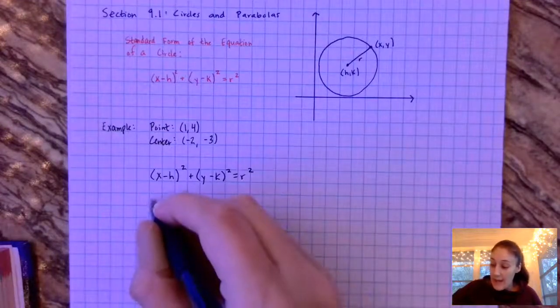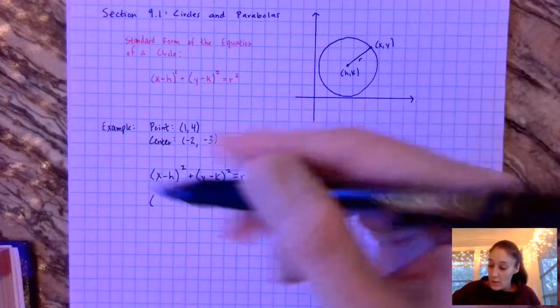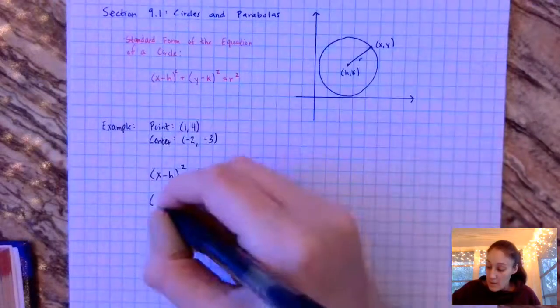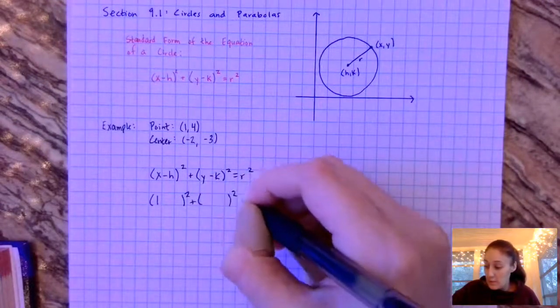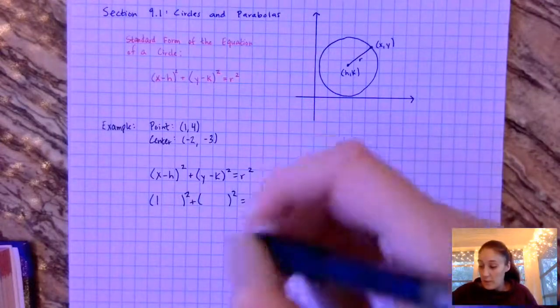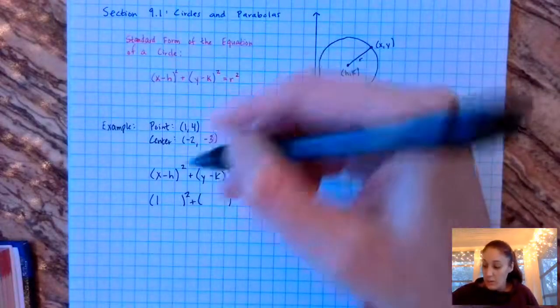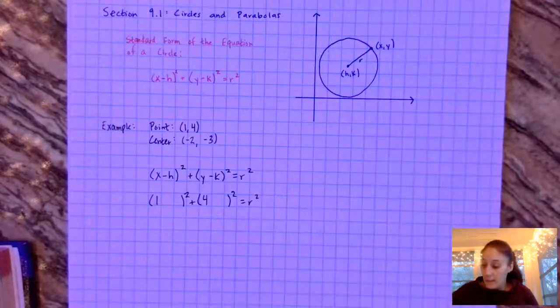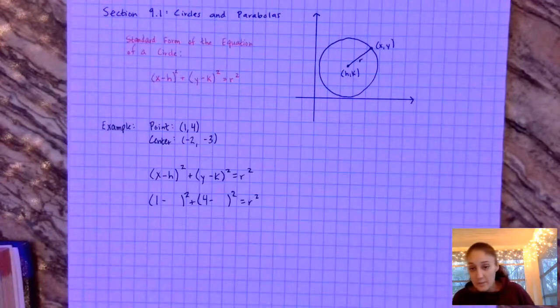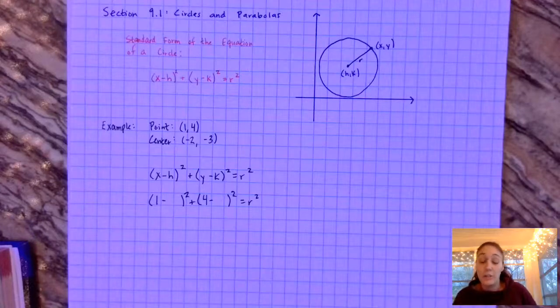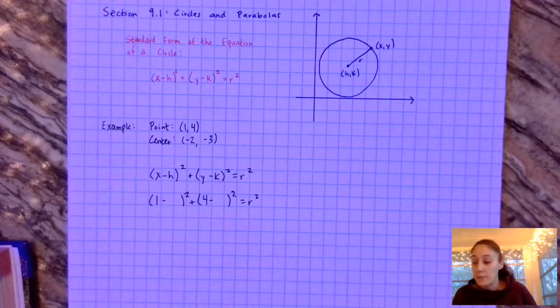In for x, I'm going to plug in 1. I'm going to do this one piece at a time. Then I'm going to plug in my y, so that's 4 right here. I'm going to bring down those minuses in both of these. It always has to be minus. If you see a plus, you can actually rewrite that as minus a negative, which is going to be important in just a bit.